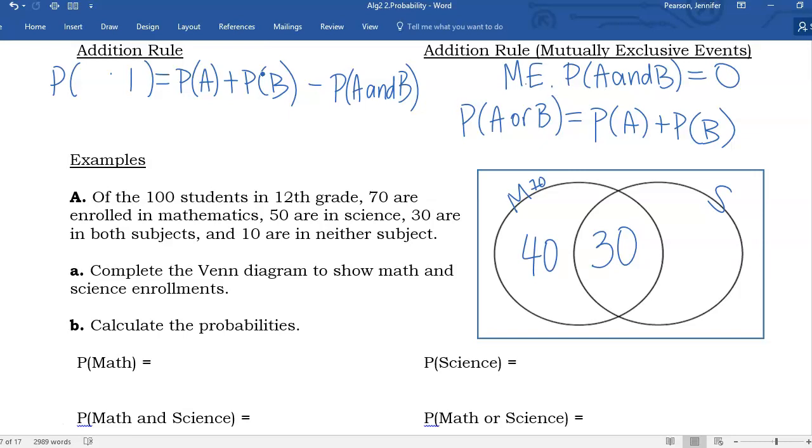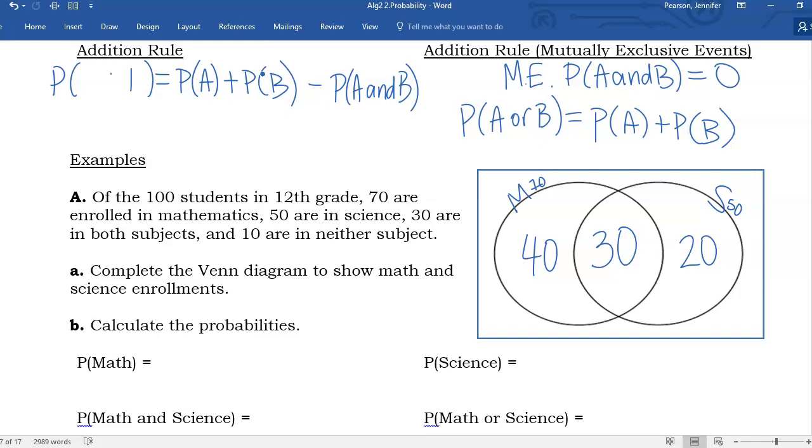So there are 30 students in both math and science, 40 students who are not in science but in math, which makes 70 altogether. I'm going to do the same thing for the science circle. I know that there has to be 50 in the whole circle. I already have 30 in that circle, so that means there's going to be 20 more in this region of the circle, okay? 30 students who are in math and science, 20 who are in science but not math.